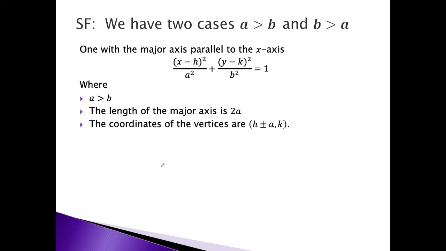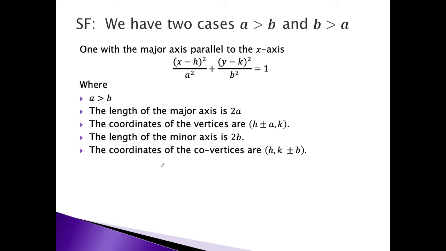We know the coordinates of the vertices are h plus or minus a, comma k, because our major axis is parallel to the x-axis, so that means that we're shifting either left or right. The length of the minor axis is 2b.